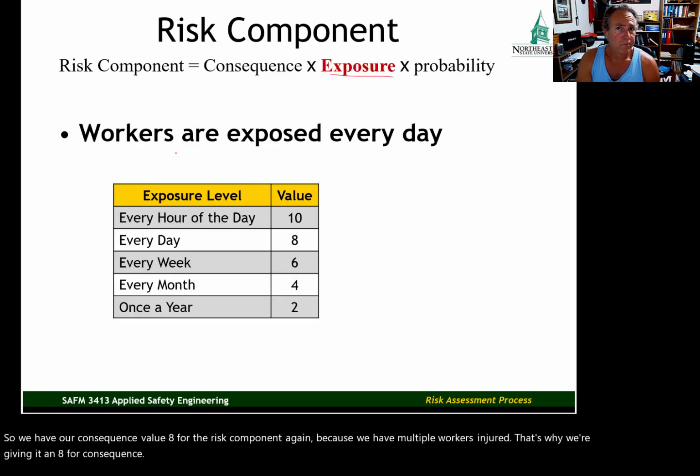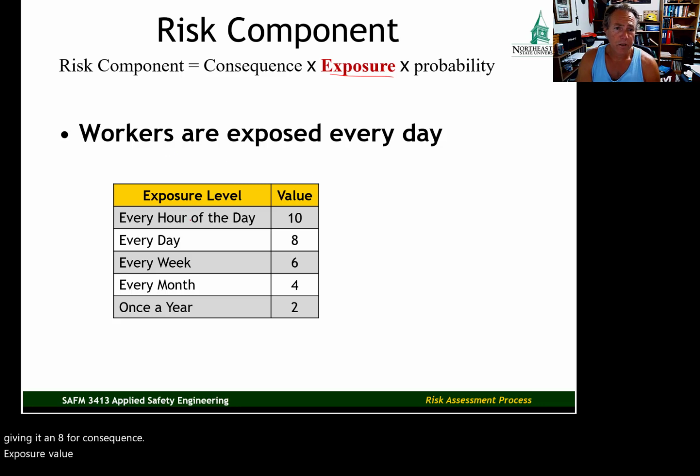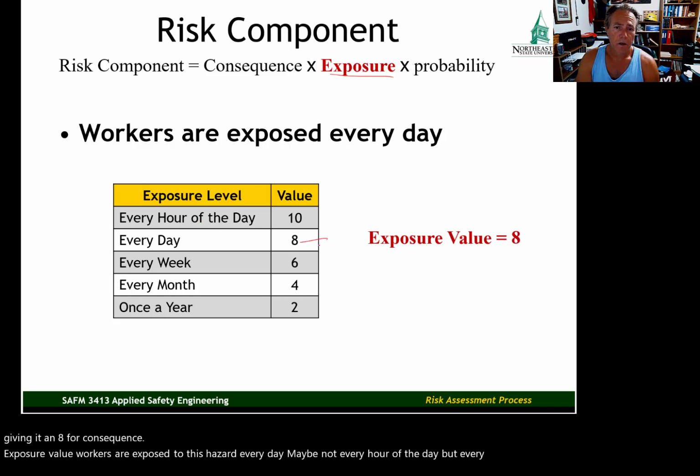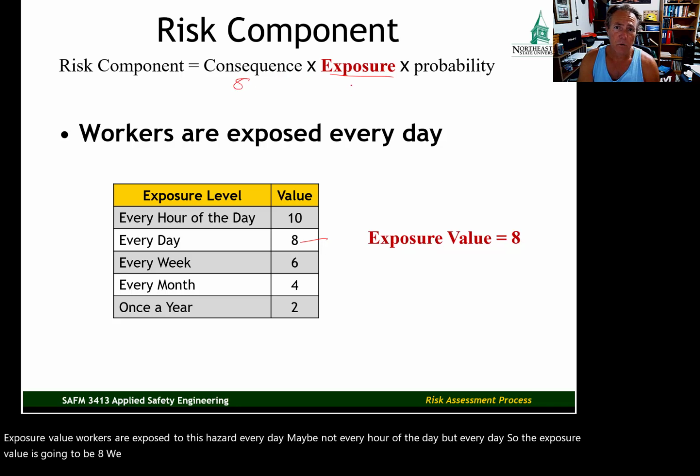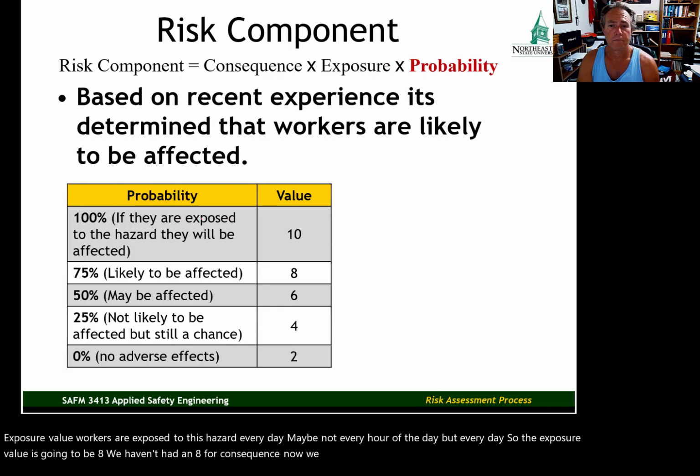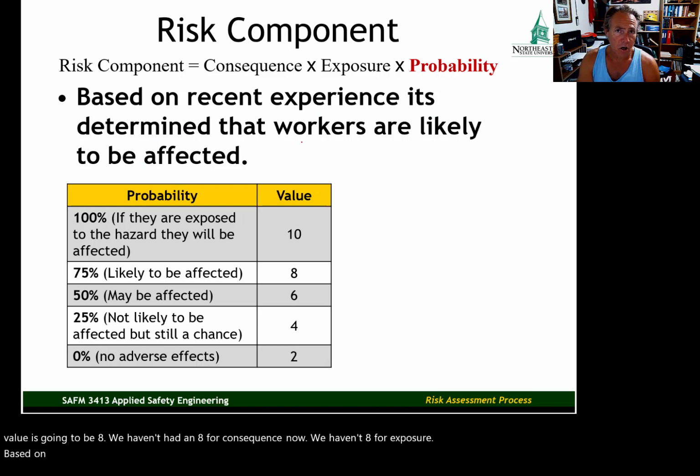Exposure value. Workers are exposed to this hazard every day. Maybe not every hour of the day, but every day. So the exposure value is going to be 8. We had an 8 for consequence, now we have an 8 for exposure. Based on recent experience, it's determined that workers are likely to be affected.